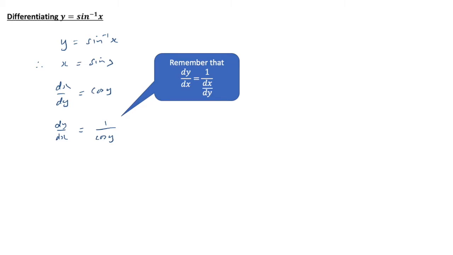And remembering that via the chain rule we can say that dy by dx is equal to 1 over dx by dy. That means that in this case dy by dx is 1 over dx by dy, which is 1 over cos y. Also remembering that cos squared y plus sine squared y is equal to 1, that means that cos y is plus or minus the square root of 1 minus sine squared y.